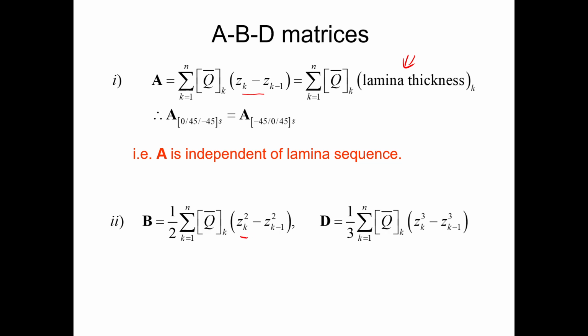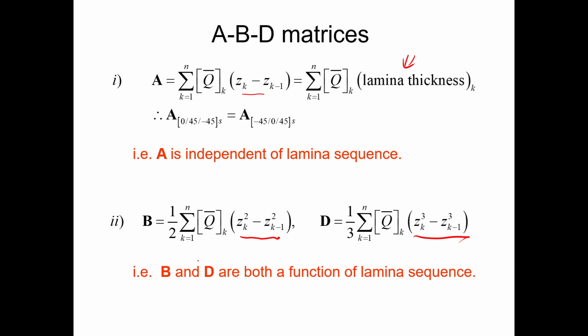Now B, you have this term dk squared minus dk minus 1 squared. And here is the cubic, it's even different. B and D are both functions of laminar sequence. This is the reason, because if you change the layers, like 0, 45, minus 45, slightly different, these two terms will change.